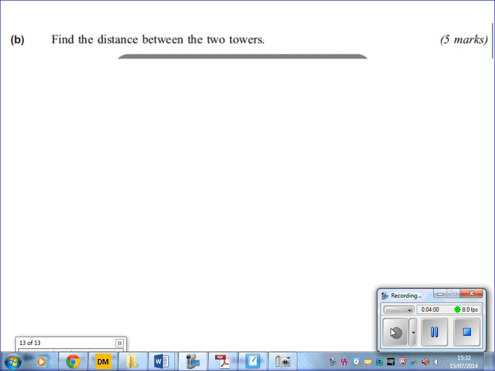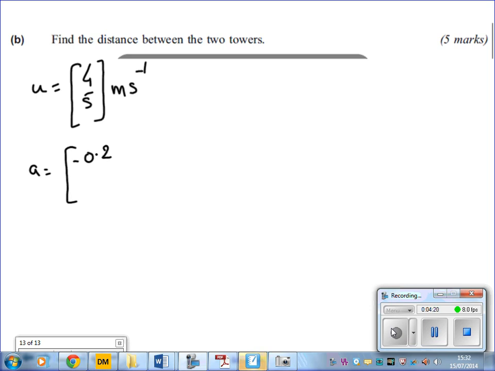Question 4, part B, reads: find the distance between the two towers. Okay, so first thing you write down, what do we know? We know u is (4, 5) meters per second, a is (-0.2, 0.1) meters per second squared, and t is 20.